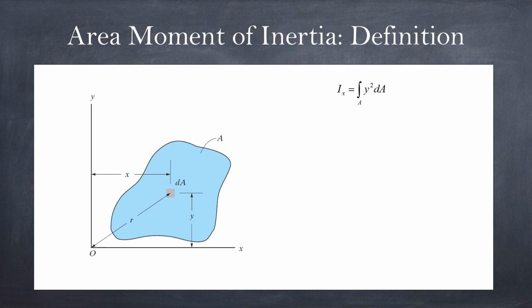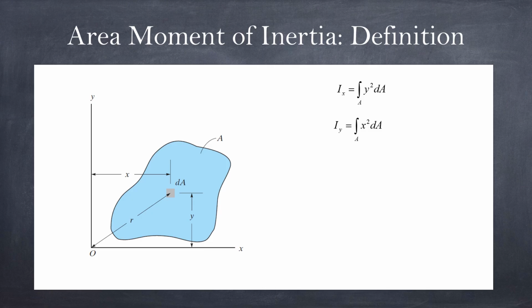So, small area dA. We already talked about the expression Ix, so I move it up here: Ix equals the integral of y squared dA. Notice that the one we use to define the arm in this case is at 90 degrees to the axis we are talking about. So in this case, we talk about Ix, the measurement is y, so y squared dA. For Iy, it's the same thing.